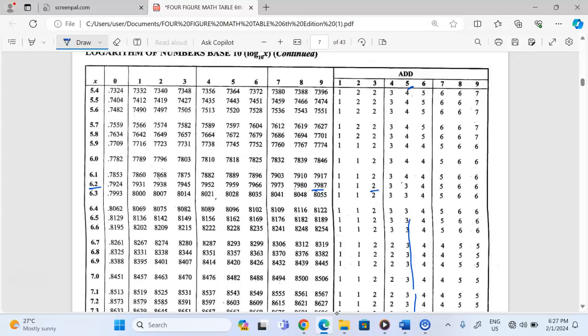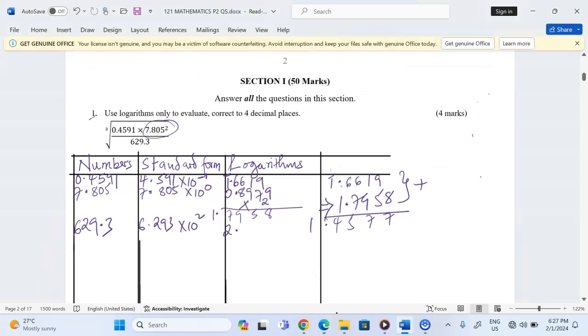Therefore we have 79.87, which becomes 79.89 after adding 2. That is the logarithm for 629.3.